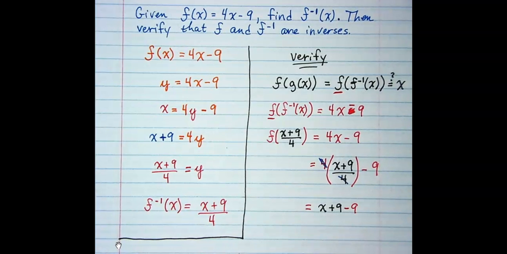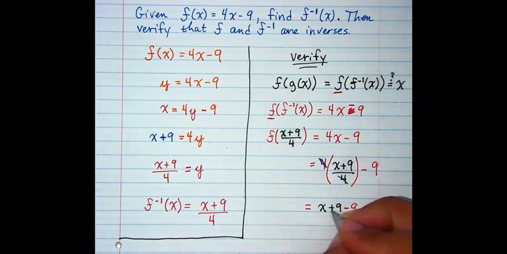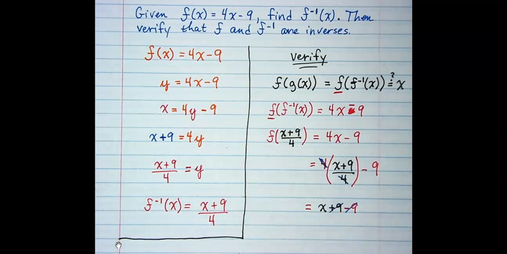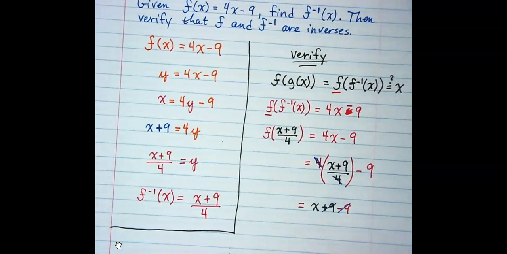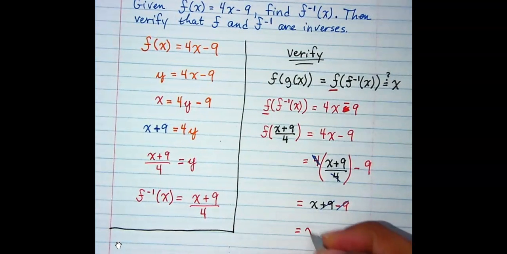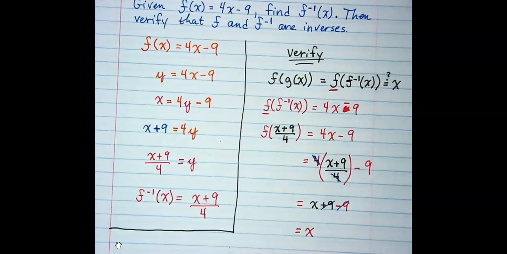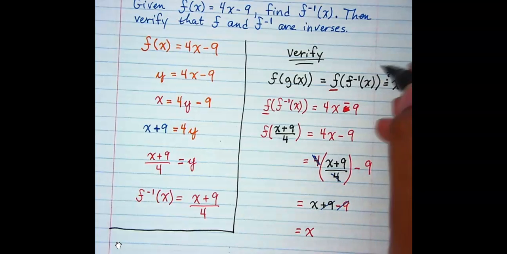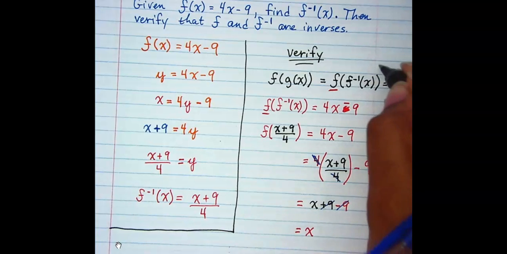We have 9 and negative 9, and these are just with x. So far we're good. That means this first part is right.